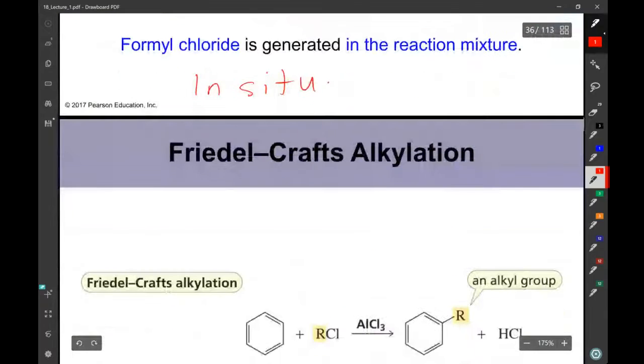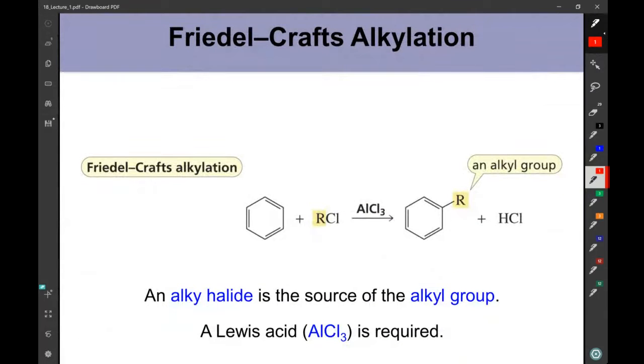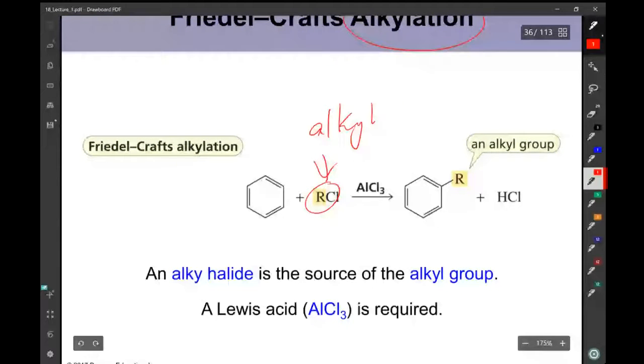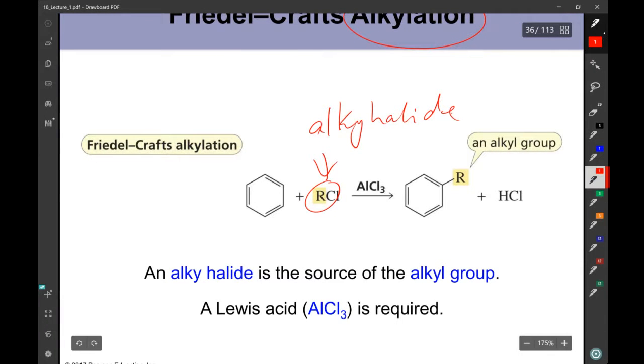Now, the next type of Friedel-Crafts reaction we'll be talking about is the alkylation, where you use an alkyl group. For the Friedel-Crafts alkylation, you use an alkyl halide. So you react an alkyl halide with a benzene ring, and you form the benzene with the alkyl group. Just like the acylation, you need a catalyst, and the catalyst in this case is aluminum chloride.